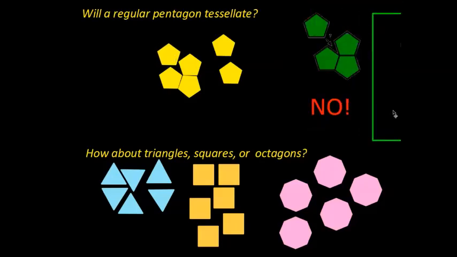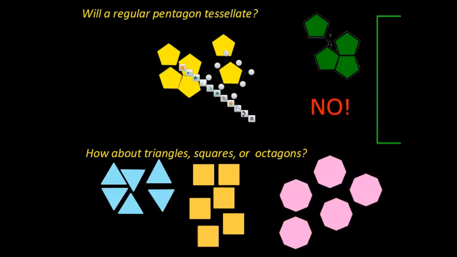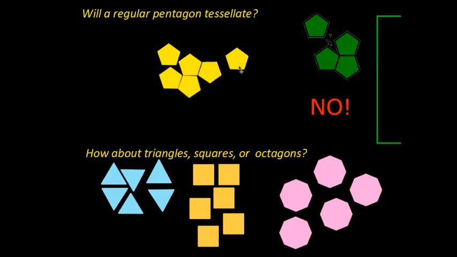Now, I've already done this earlier to show you, no, it just can't work no matter how I try to put them together. I can put some of them together such that they touch, but ultimately I can't really find a way to get them into each other or next to each other such that there's no gaps or overlaps. I could put this one on top, but that's overlapping, and that's not allowed in a tessellation.